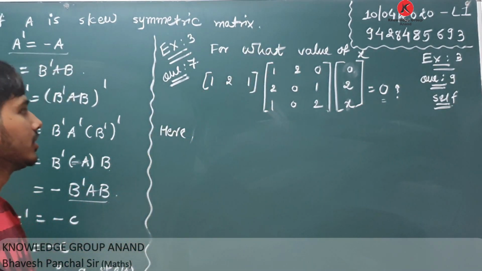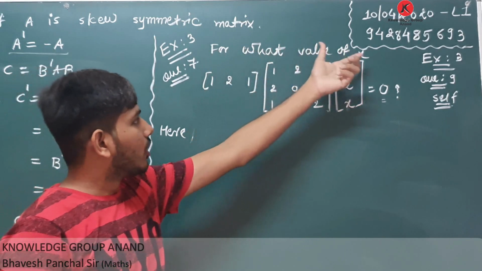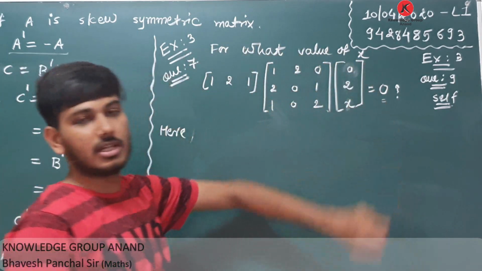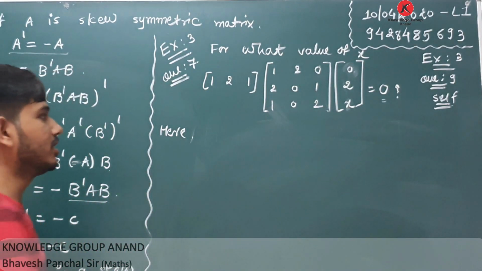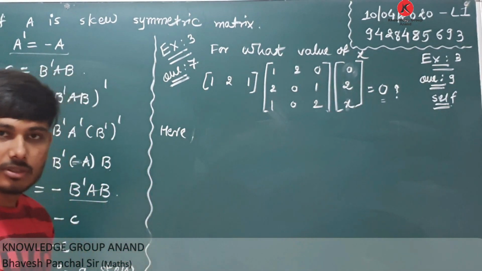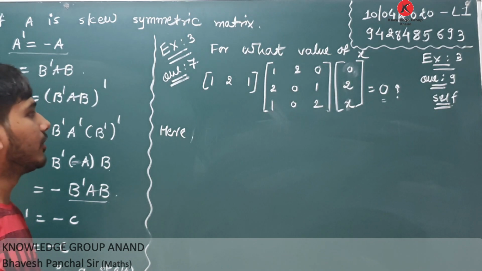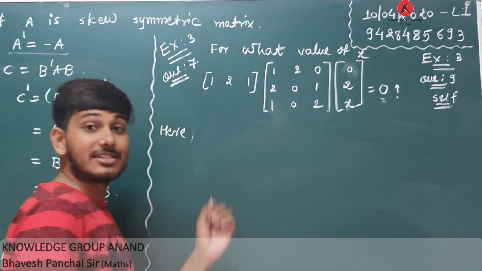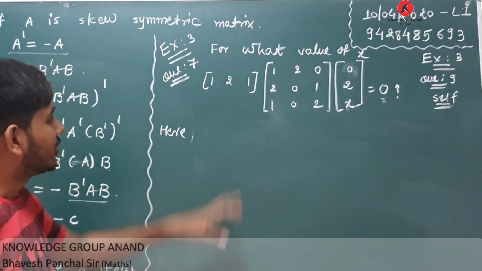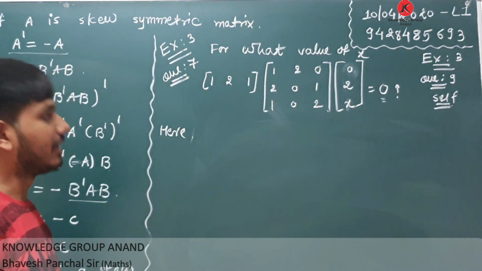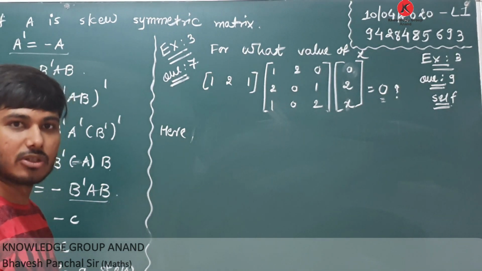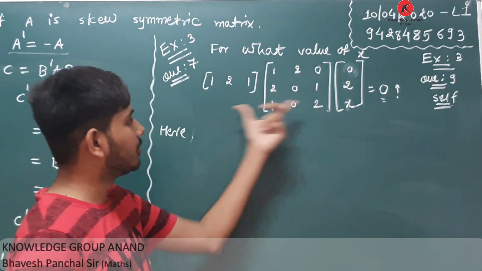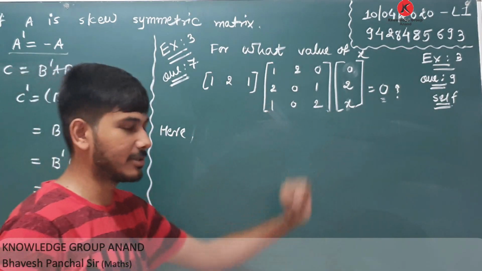In this question, for what value of x will the multiplication of these three matrices equal the 0 matrix? Here O is the 0 matrix. Now, the question that arises in our mind is, the 0 matrix is of which order? Therefore, we have to calculate the multiplication of these three matrices.